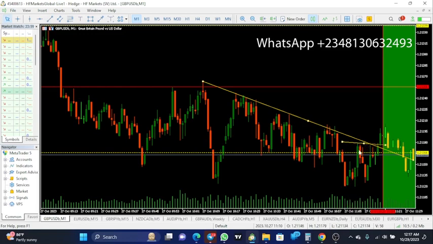Price went low, created a high, lower low, lower high. Instead of making a lower low, it made a higher low and came up and broke the initial high. So that's a choke taking place on the 1 minute time frame.